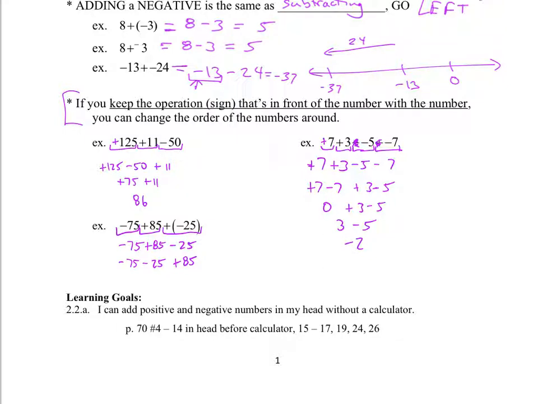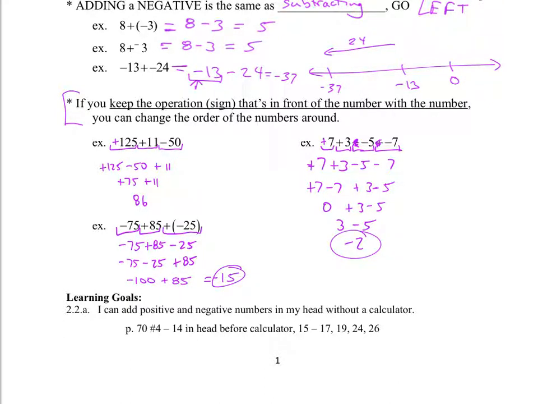And now we have negative 75 minus 25 is going to give us a negative 100. Remember, we're moving left when we subtract. So you're at negative 75, you're going 25 further left. Plus 85 gives us a positive 15. Sorry, that's a negative 15.